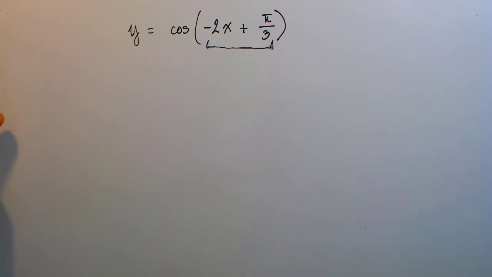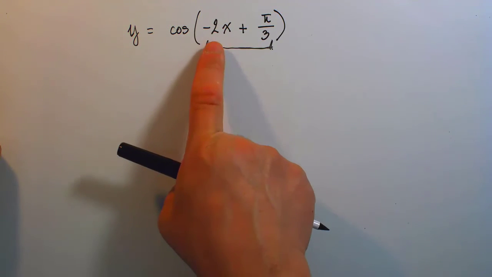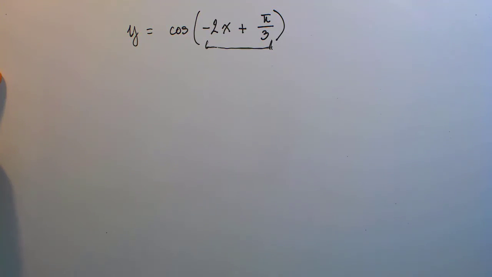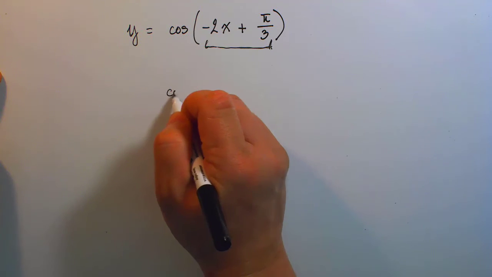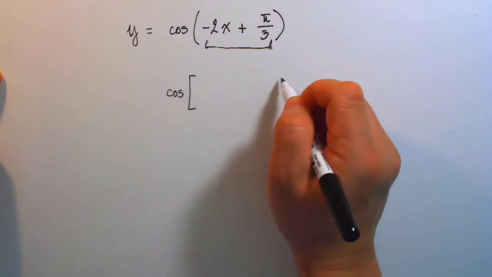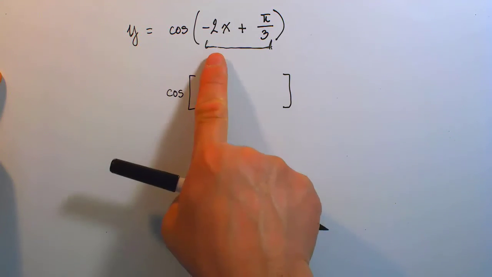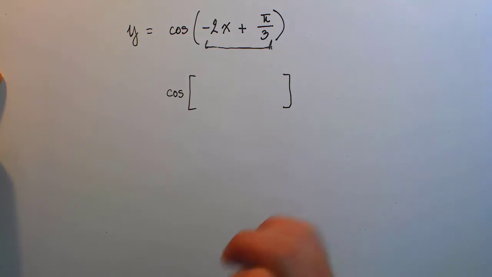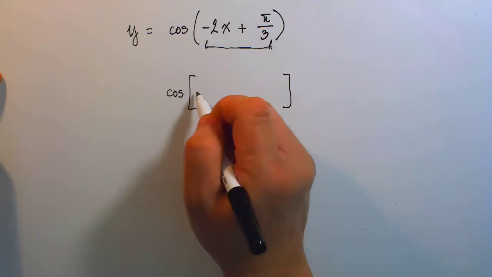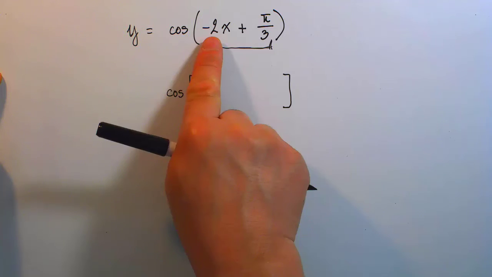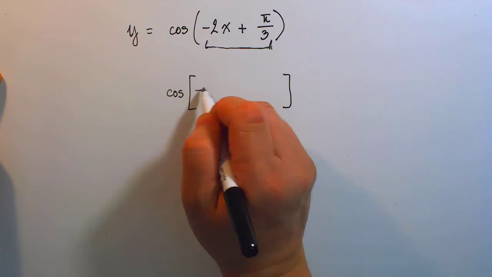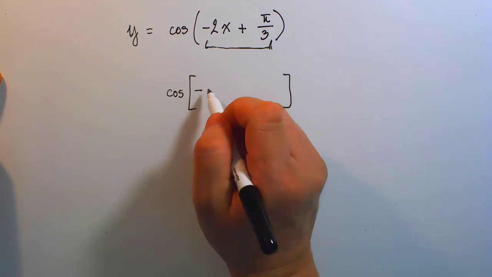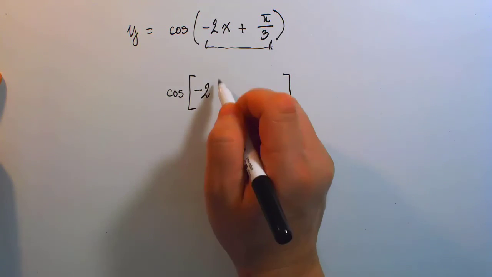So the first big step here is to factor out that linear coefficient that stands right in front of our x term. Now I'm going to rewrite my cosine function. This time it's a -2 coefficient, so I am going to factor out the -2 and have a pair of parentheses.